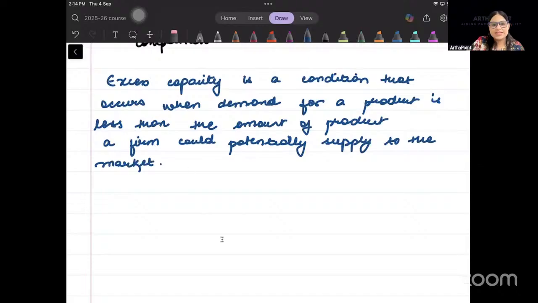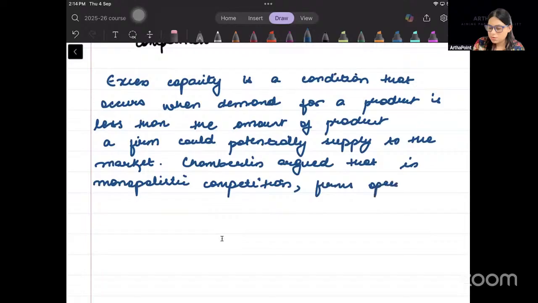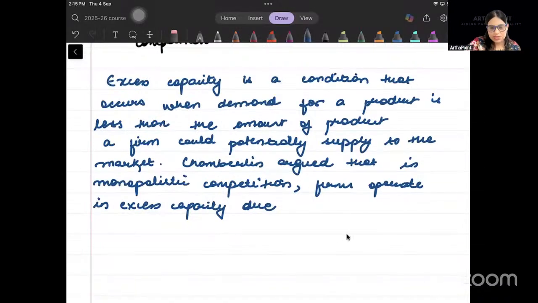Beta, now we have explained what excess capacity is. Next, Chamberlin argued that in monopolistic competition, firms operate in excess capacity due to... Now we have told what is excess capacity; we have to tell why excess capacity exists.